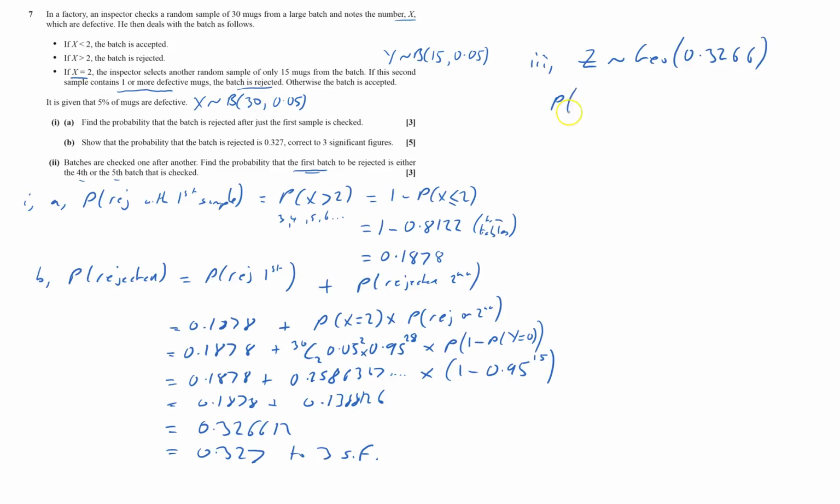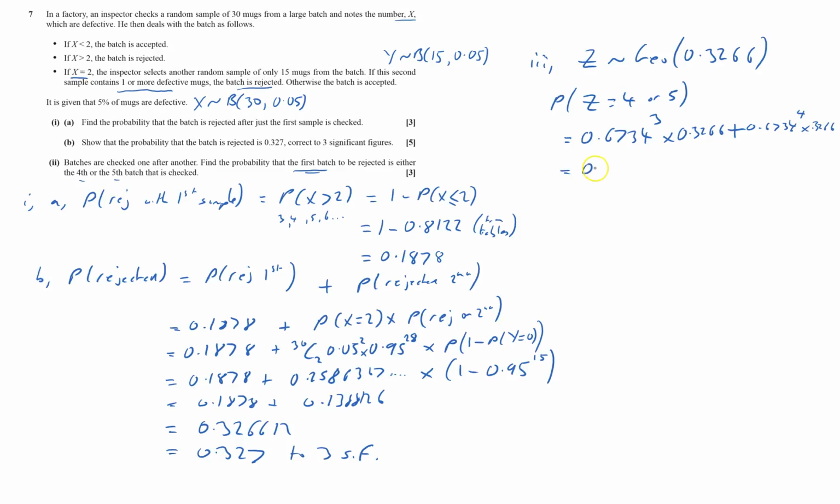I've got to work out the probability that Z equals 4 or 5. If it's 4, that means I would have had 3 failures, so I work out 1 minus this, 0.6734 cubed, that's 3 failures, followed by a success, which is 0.3266, plus it could be the 5th go, so it'll be 0.6734 to the power 4 times 0.3266.